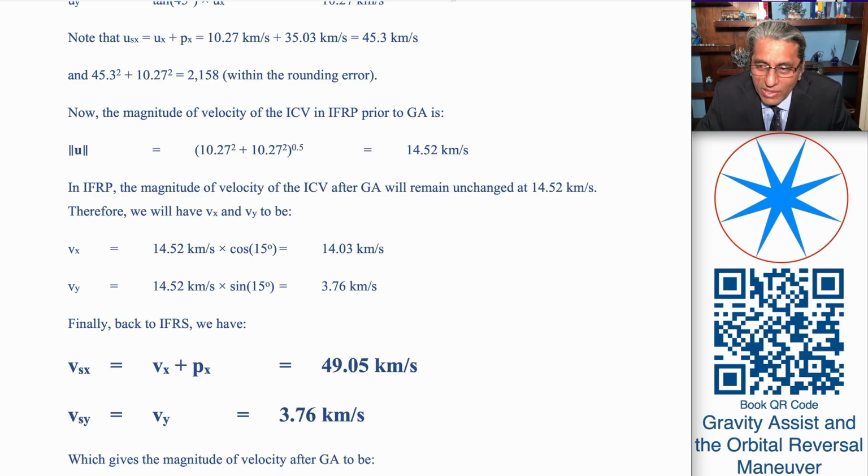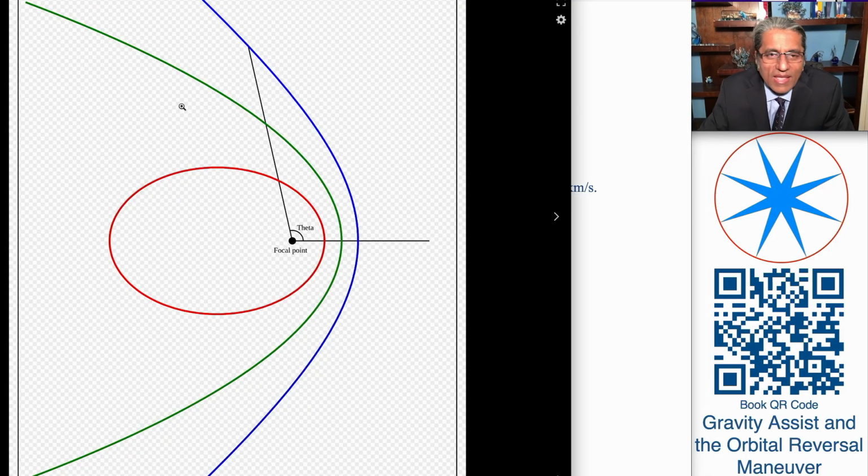Now I'm going to show you where the collision actually occurs. So you have the spacecraft which is coming in, and then it's kind of being attracted by the planet, so it's sort of speeding up. And then once it gets behind, this planet is now, the spacecraft is actually now being pulled in this direction by the planet, right?